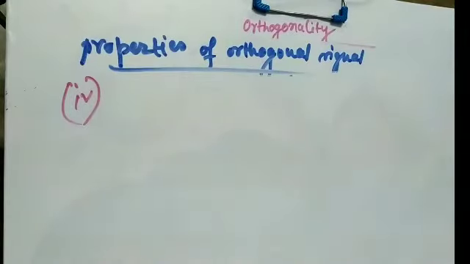If we have two signals x1(t) and x2(t), and these two signals are orthogonal, then the integration of x1(t) and x2(t) over their fundamental time period will be 0.